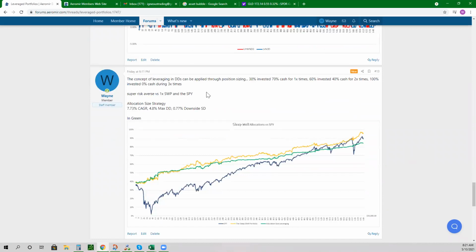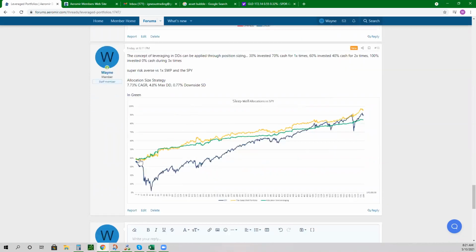Anyways, I also just wanted to throw up this last little bit. There was also a whole group of people asking, hey, I just don't want to take the full-on risk of the Sleep Well portfolio, but I'm okay with being a little bit more active. So I was showing here that you can take the same concept of leveraging, and not leverage it, but just allocate size.